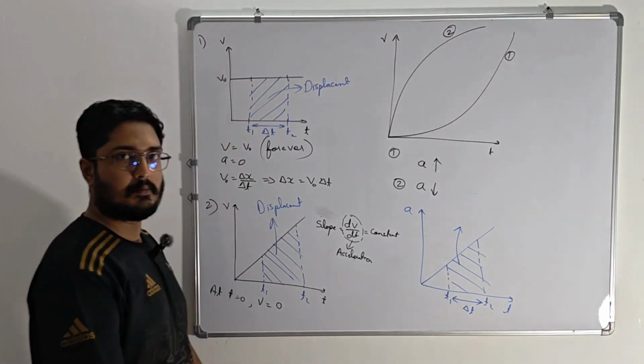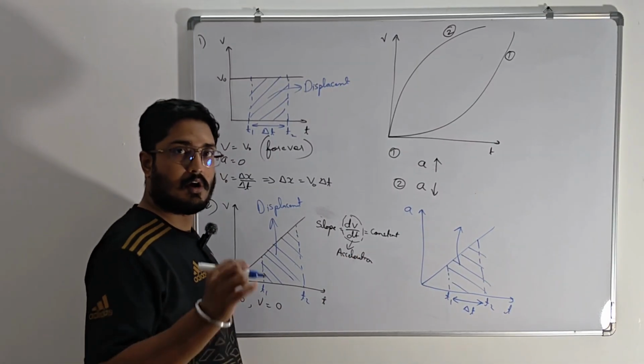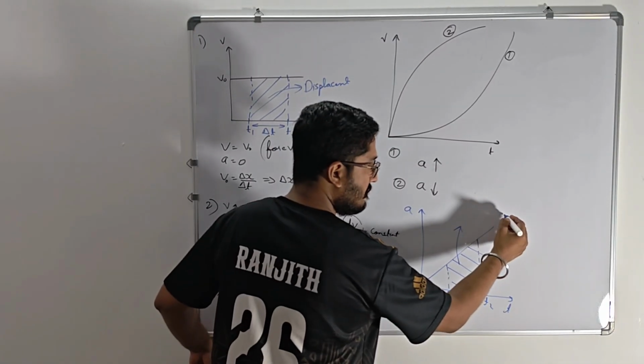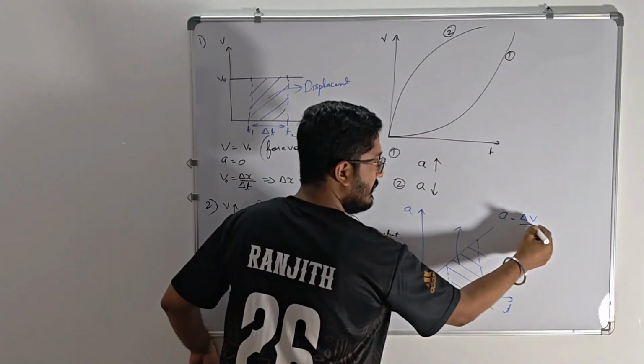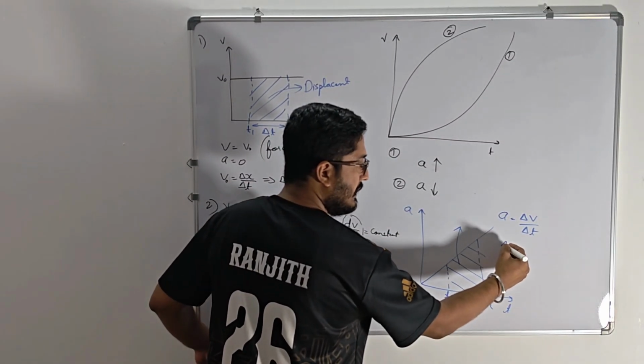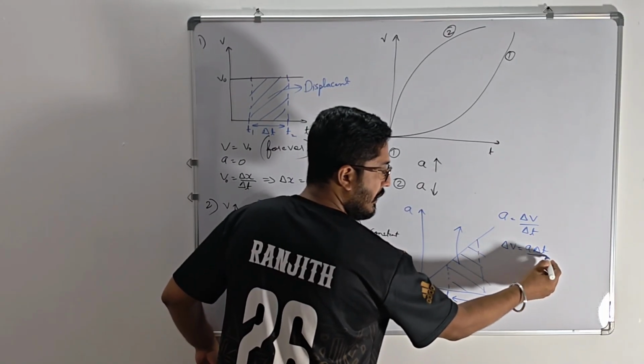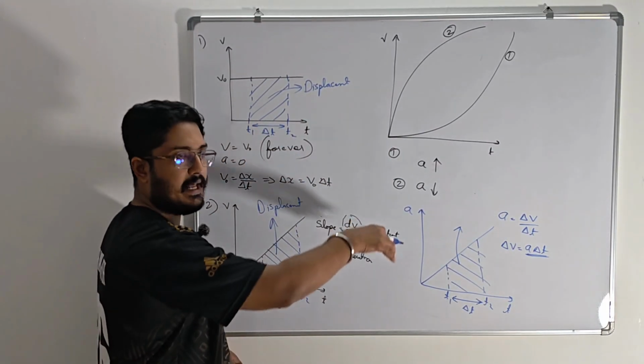What is this area? Many students will right now say that, sir, it is velocity, but that's wrong, right? What is the acceleration formula? A equals delta V by delta T, right? So when you cross multiply this, you get delta V equals A delta T, right? A delta t is nothing but the area under the graph.